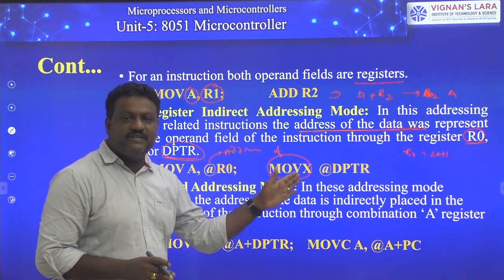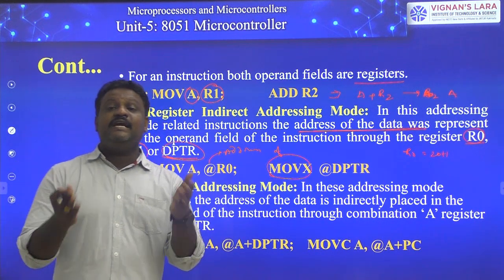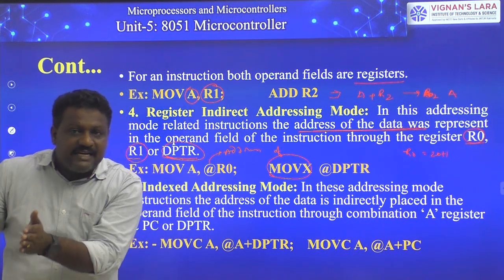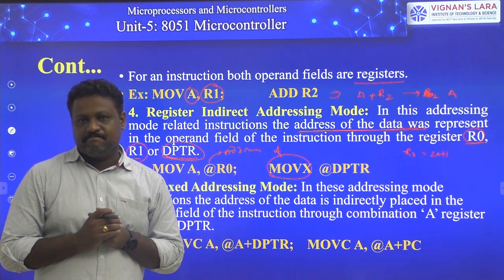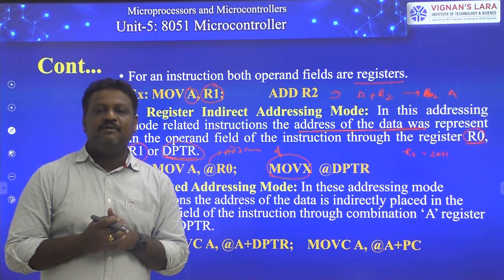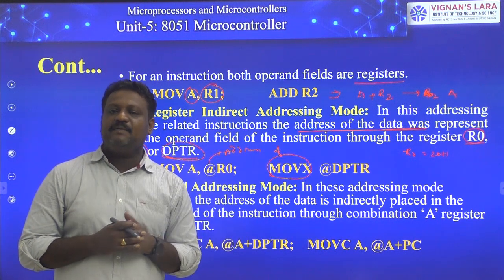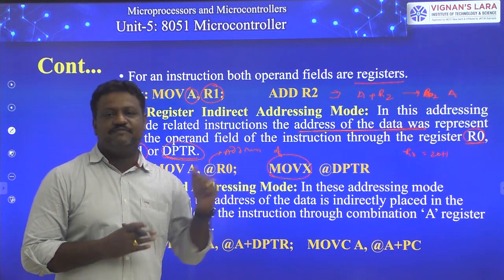Now coming to the meaning of MOVX A, @DPTR: read the data from the DPTR-specified location of external data memory into accumulator register A. The data is copied to the accumulator. That's the meaning of that.